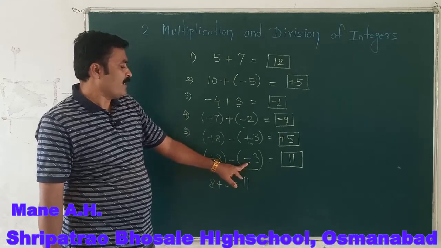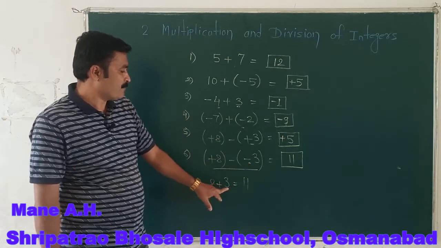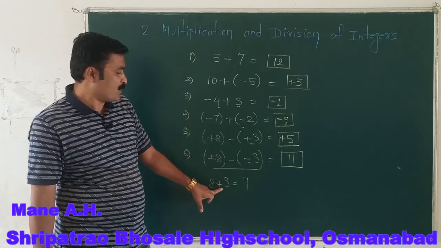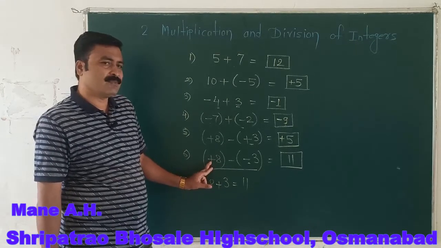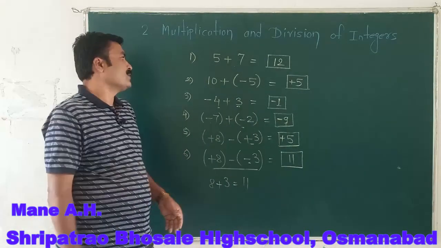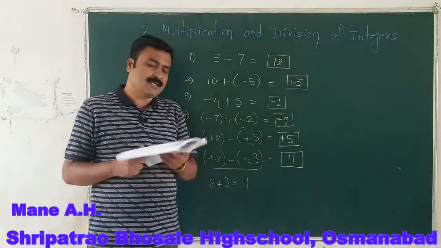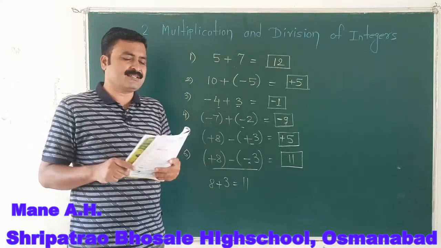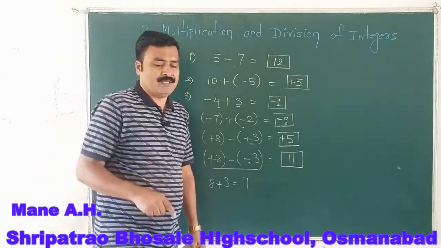So the additive inverse of -3 is +3. So this +3 we add to this +8. So 8 plus 3 we got 11 here. So these are the 6 examples given in the practice format in question 1, let's recall.